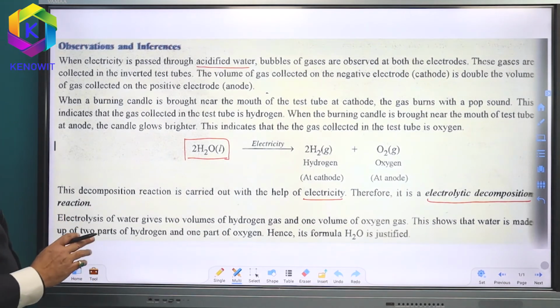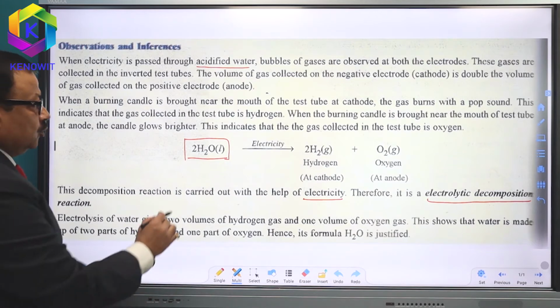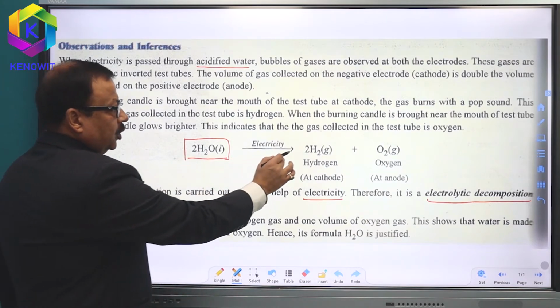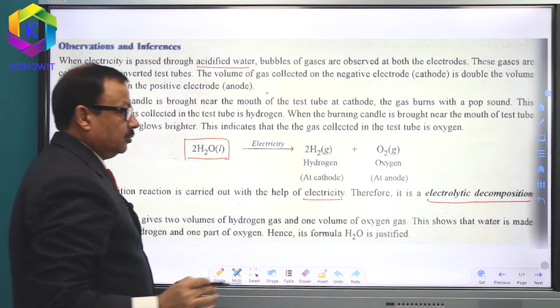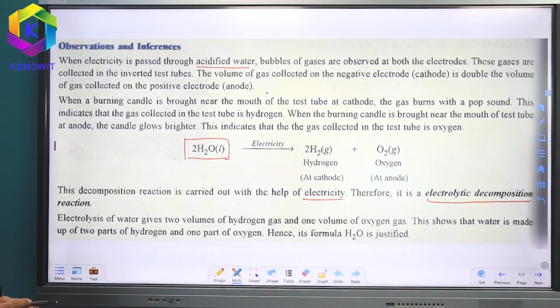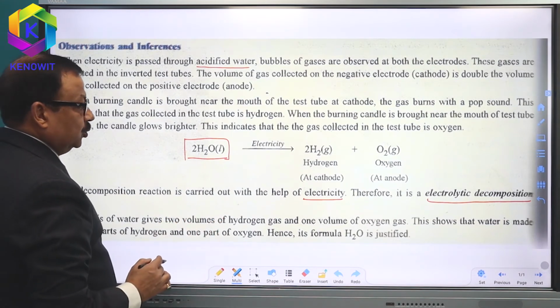So electrolysis of water gives 2 volumes of hydrogen and 1 volume of oxygen. This shows that water is made up of 2 parts of hydrogen and 1 part of oxygen. Hence the formula is H2O.